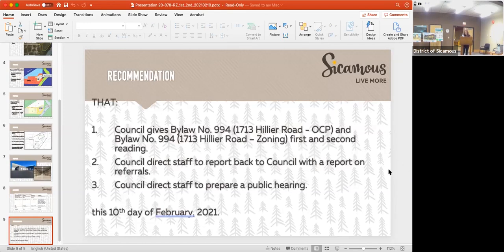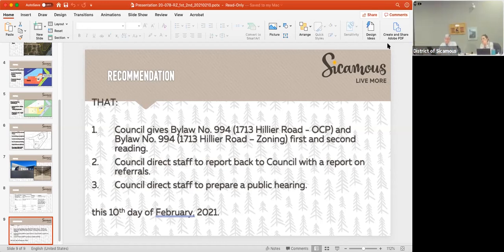All right. Comments or questions? Councilor Wallace, Councilor McCabe. Okay, so at the risk of, I guess it's not a conflict of interest because I measured from where the yellow line is to my property and it's outside of the 50 meters.